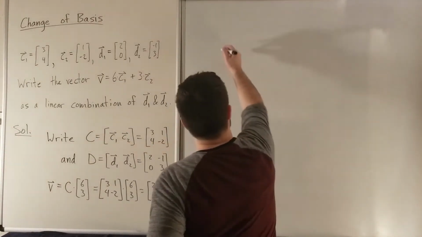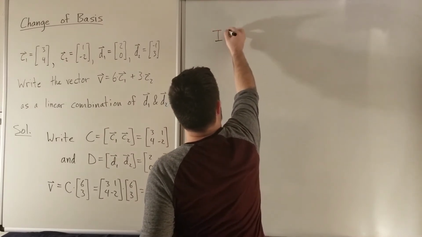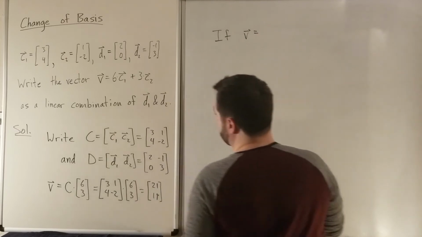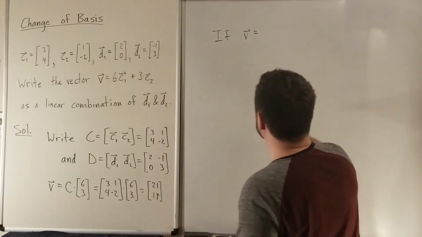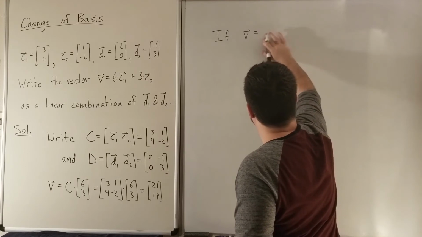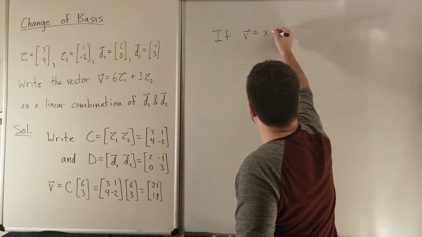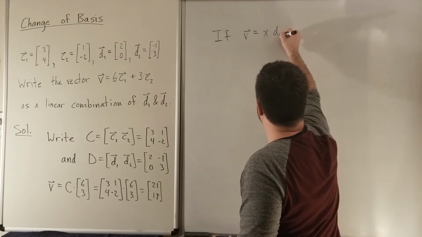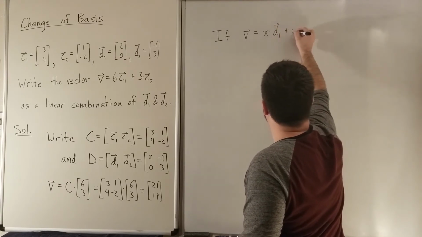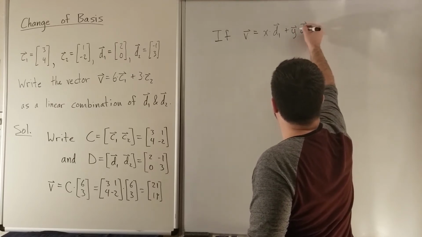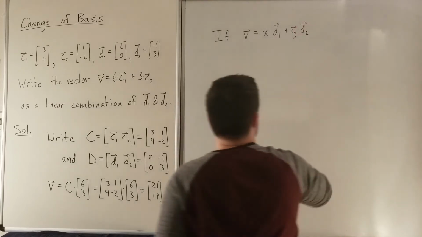Alright. So I now want to think about what it means to write V as a linear combination of D1 and D2. So I'm just going to use coefficients x and y. Okay.